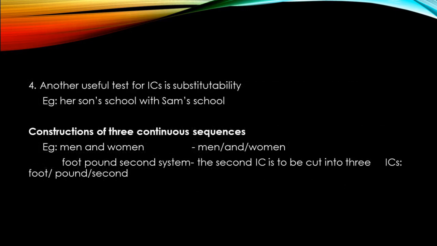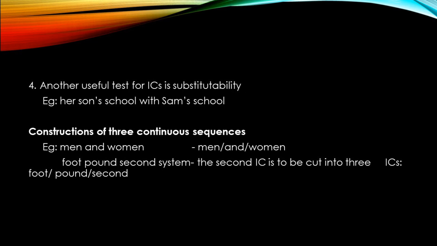Now, the fourth useful test for ICs is substitutability. This is almost the same as what we discussed in the first test, where we said that ICs should be comparable. Okay, you can compare it with something with an IC that is known to you, and then you can decide where the cut should be.